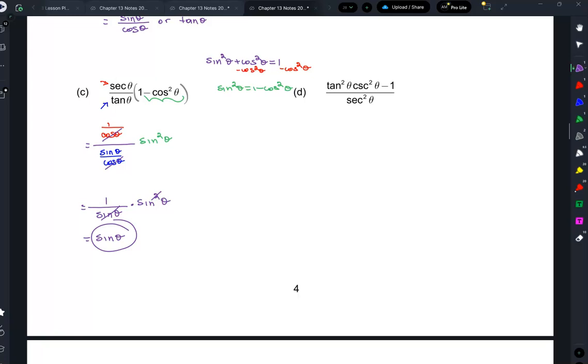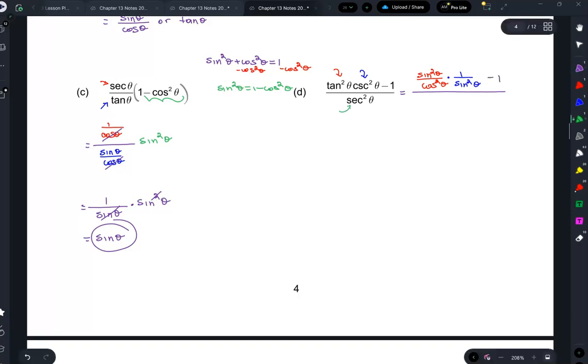So here, why don't we just write this as sine squared theta over cosine squared theta. Let's write this as 1 over sine squared theta minus 1. Let's write this as 1 over cosine squared theta.